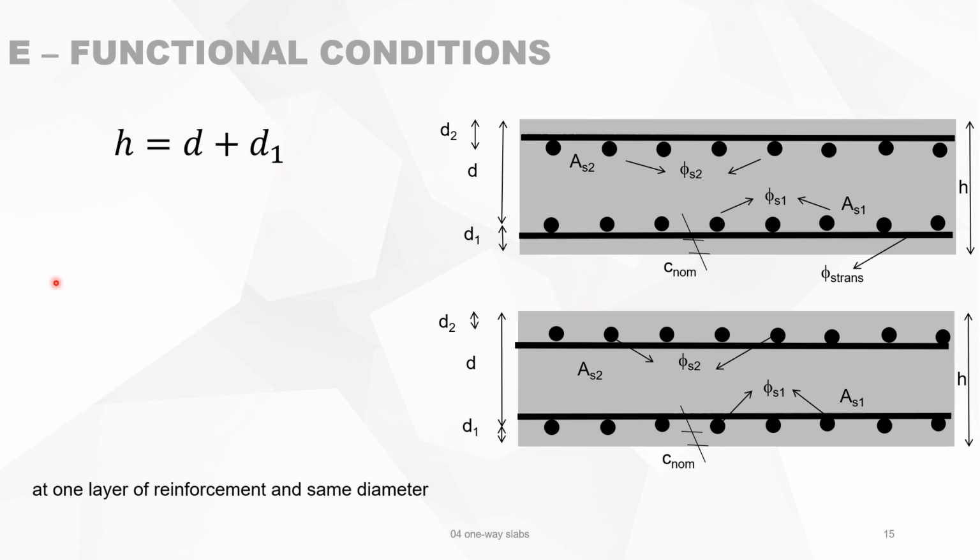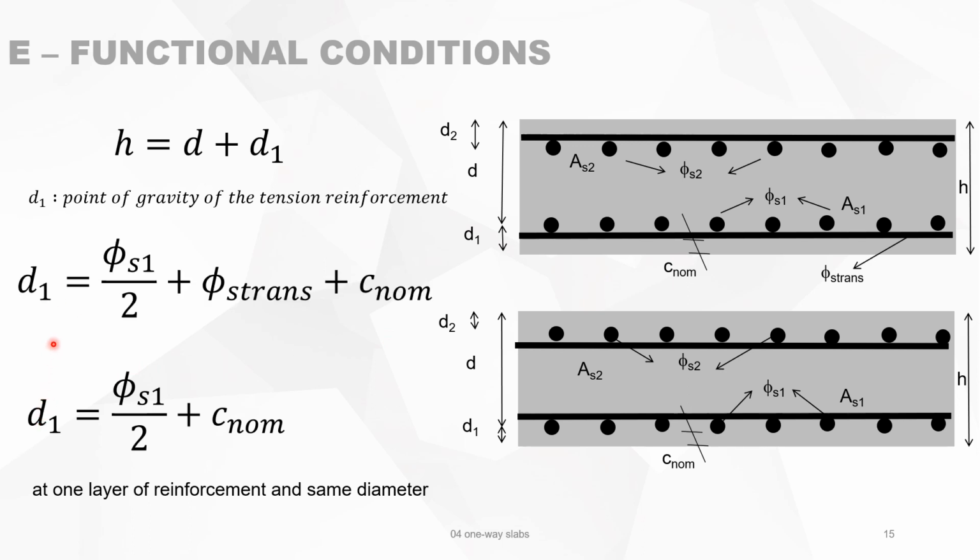The total depth of a slab is equal to the effective depth plus the point of gravity of the tension reinforcement. We denote with 1 the tension reinforcement and with 2 the compression reinforcement. Or you can say 2 is the least tension reinforcement and 1 is the most tension reinforcement.